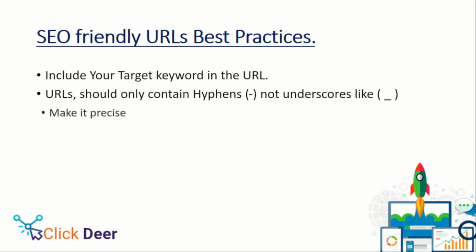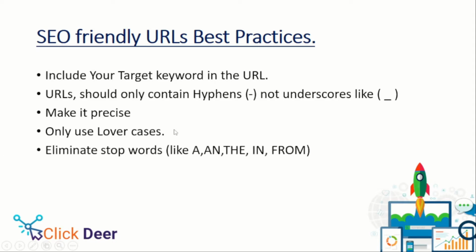So the next one is that you have to make it precise and catchy. And then you have to use only lowercase. Sorry, there is a typo, but in other words, you should not use capital letters within your URLs. So the last one we have is to eliminate stop words like a, and, the, in, from.